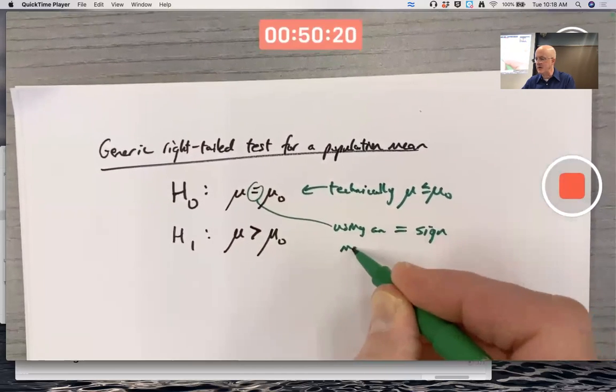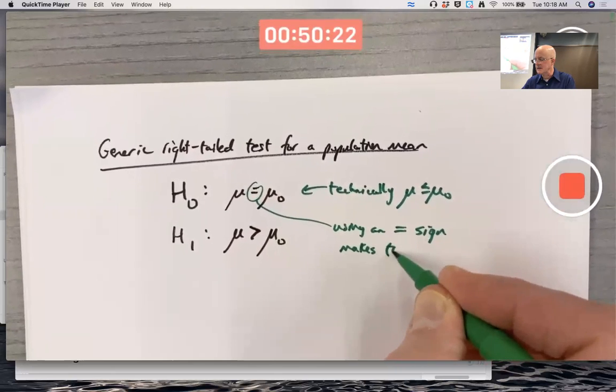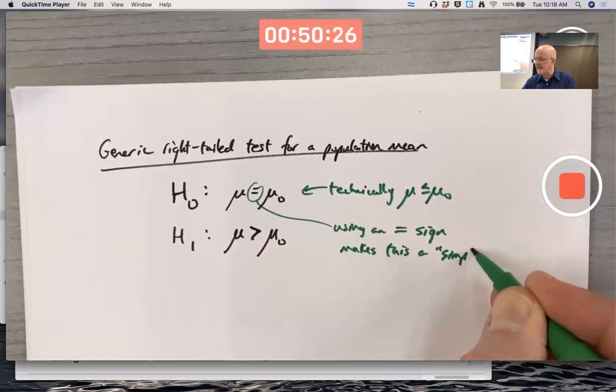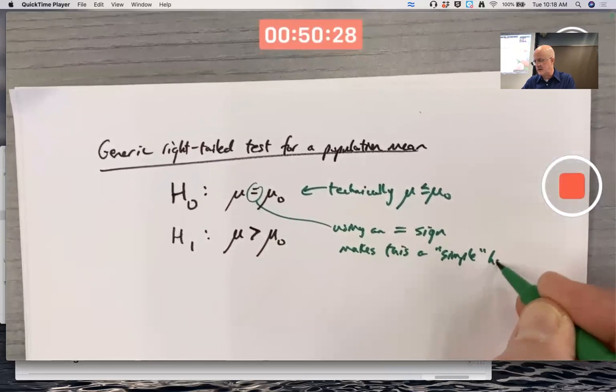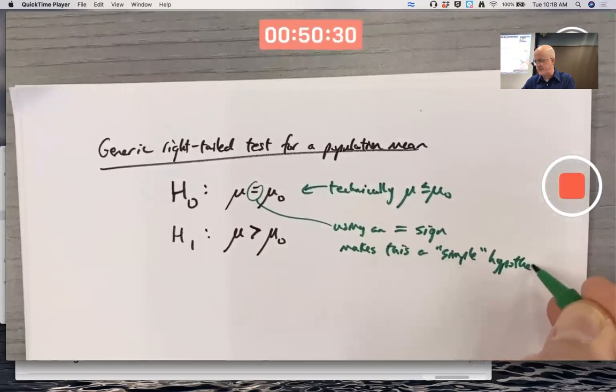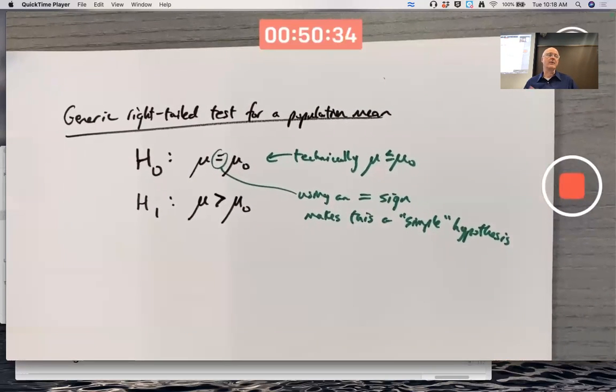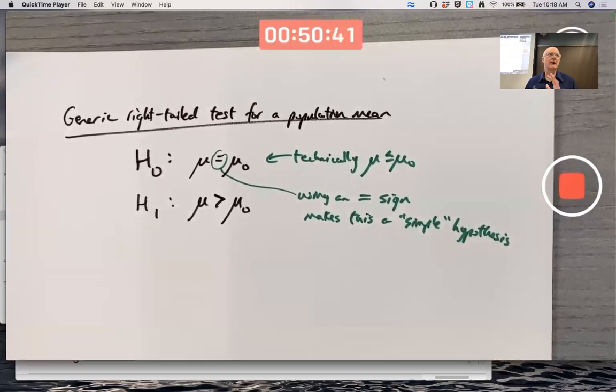That makes this a simple hypothesis, and that's good enough, for reasons I'll get into, to consider the null hypothesis to be a simple one. Effectively, whatever you want to do is good enough in that case.